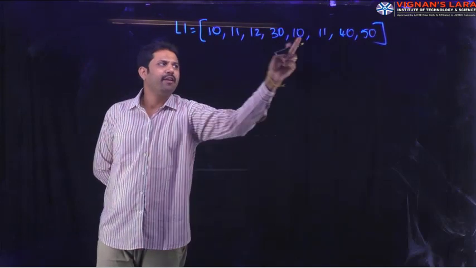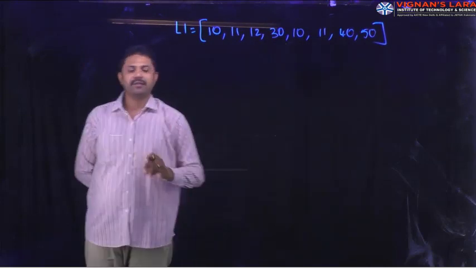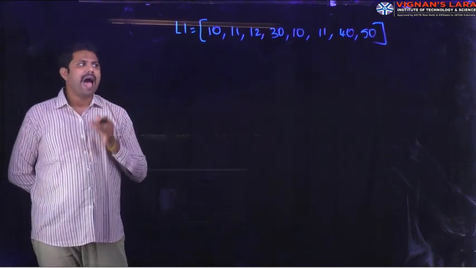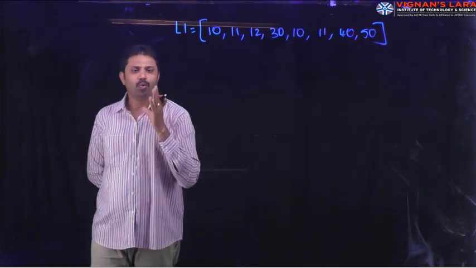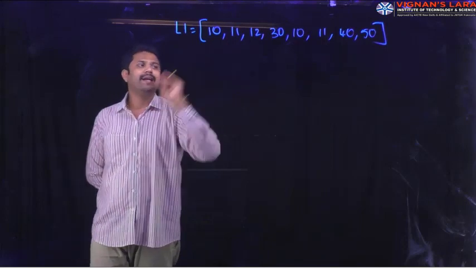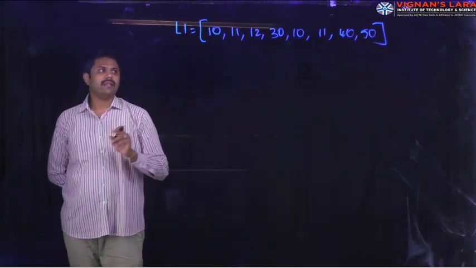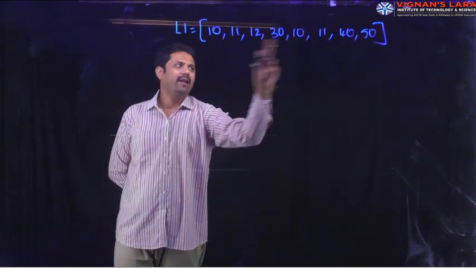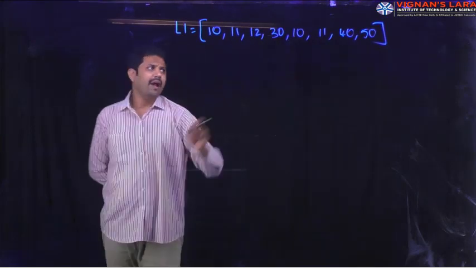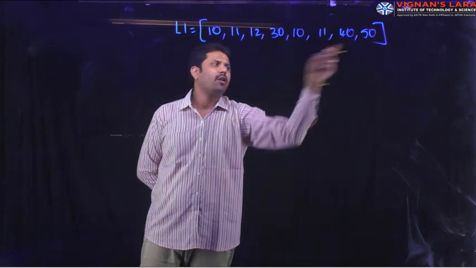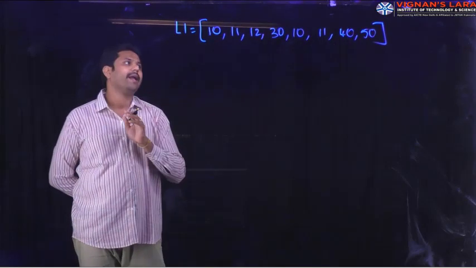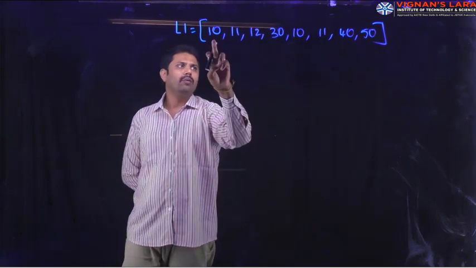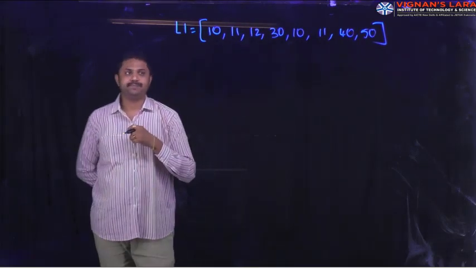That means 10 repeats and 11 also repeats. So my task here is to filter. That means I want to remove the duplicate items in the list. That means you write 10 one time only and 11 also one time, and the remaining items are not repeated or are not duplicate items. That's why they are going to continue.